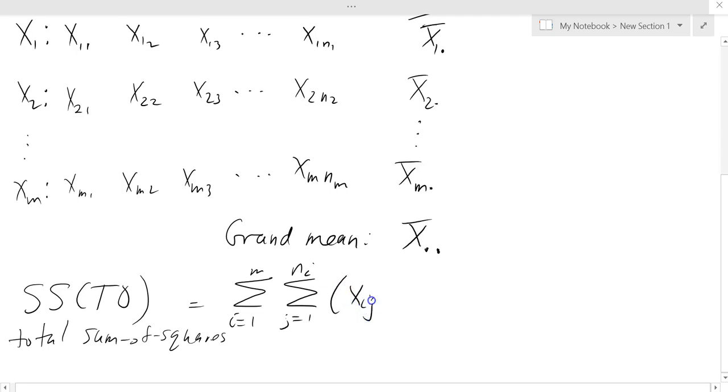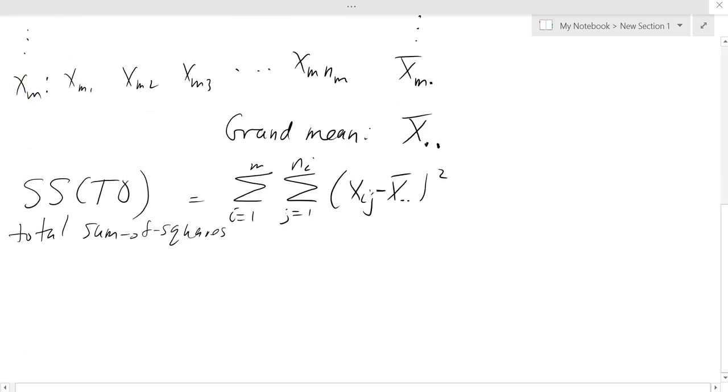So x sub ij minus x bar sub dot dot. That's why it's called the total sum of squares, because we're doing the double sum of all of the possible deviations from the sample mean. So the ij is referring to like the 2, 2, the 2, 3. Okay. So far, so good?